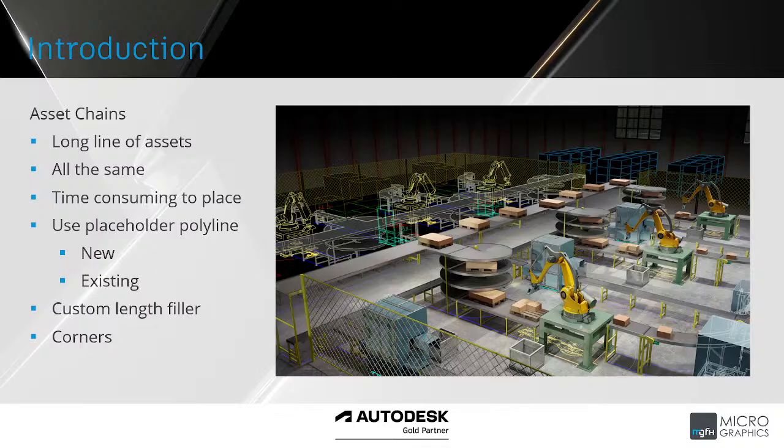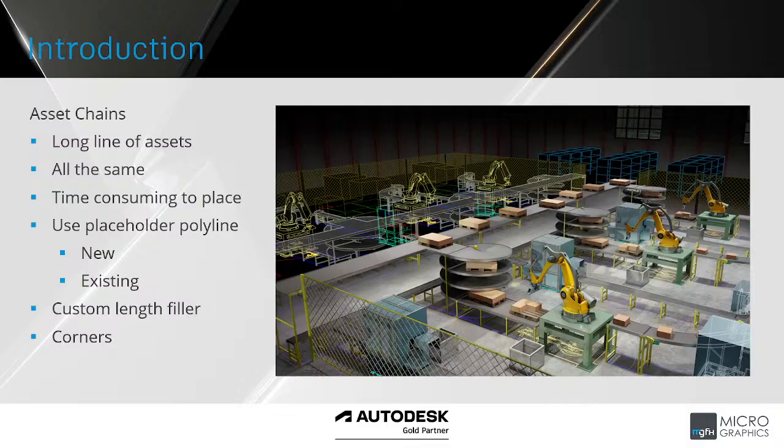So up to now, we've been looking at individual assets, just pulling in a length of conveyor belt, dropping it down, setting up a length and setting up its properties, then pulling in another length of conveyor belt and linking it. Did the same with the racking, the shelving. Bring in a shelf, array it 4 or 5 times to get what is needed. Now, asset chains.